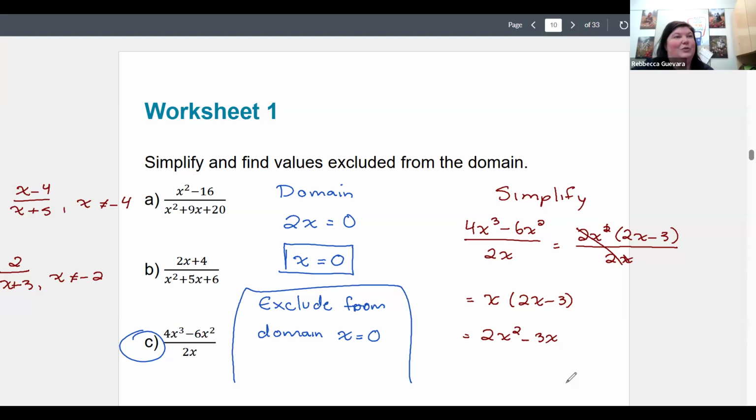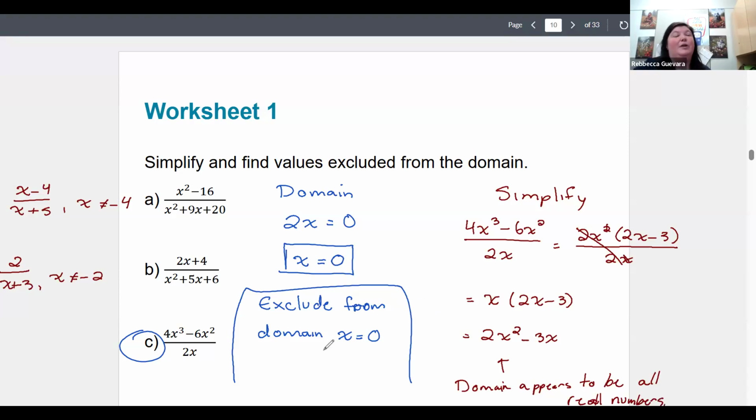All right, so notice that we can't see the 0. So here, the domain appears to be all real numbers.